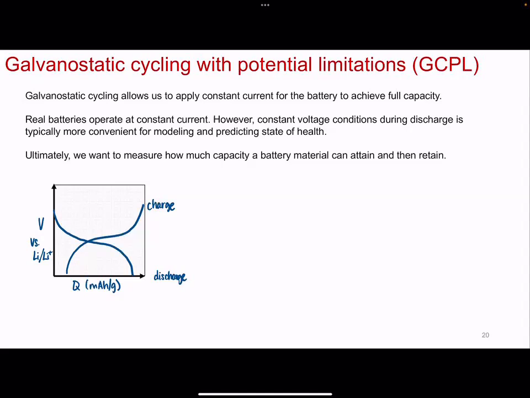Okay, so this is particularly useful because it immediately tells you, okay, upon discharge, how much capacity do I get? Here, I've drawn this particular schematic where there is a little bit more charge than there was discharge. So already you're seeing this particular material is undergoing overcharging.